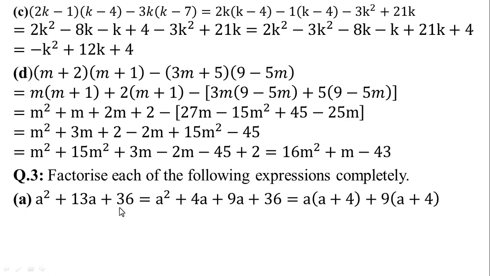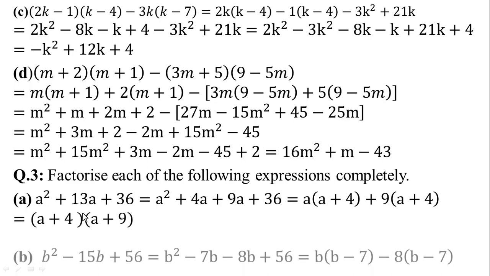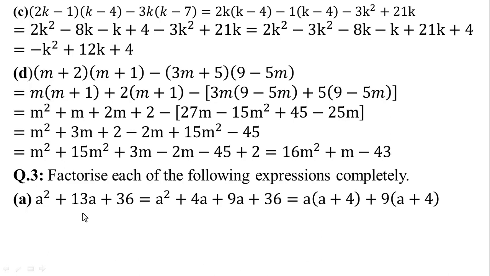Now mid-term breaking of 13 into 2 parts, whose product is 36 and whose sum is 13. We write 13 into 2 parts, 4a plus 9a. We have a square plus 4a plus 9a plus 36.